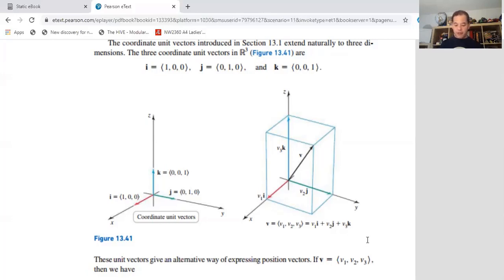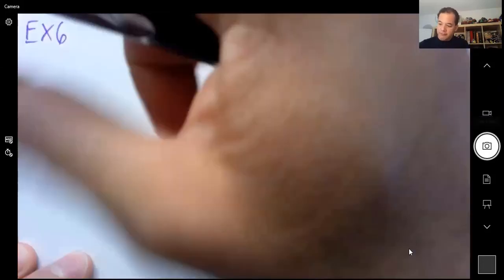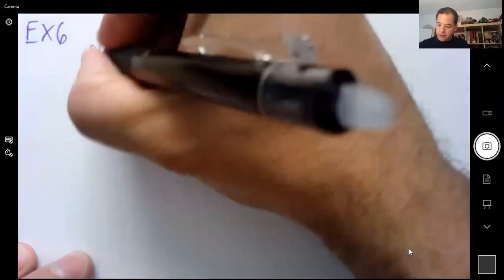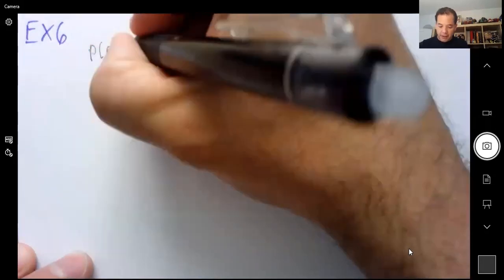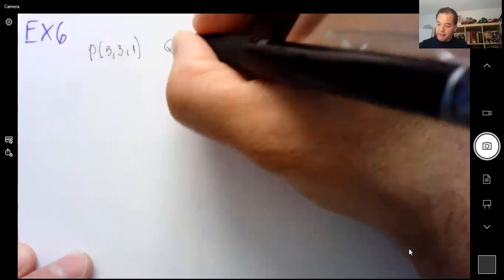So we're going to have two points. Let me go back to the page. So example 6, we have the following points. We have the point P with coordinates (5, 3, 1) and the point Q with coordinates (-7, 8, 1).